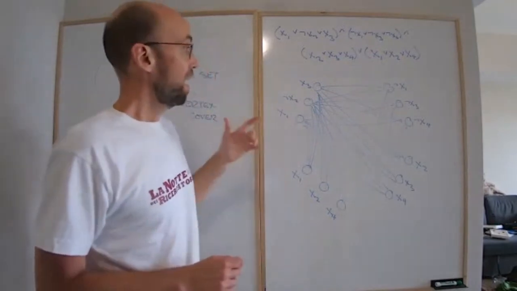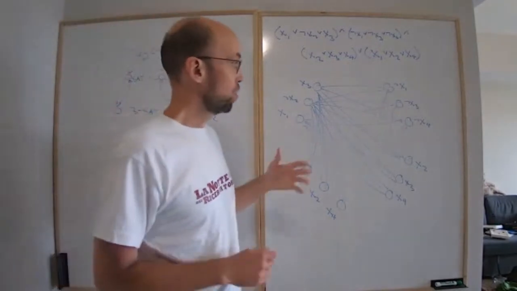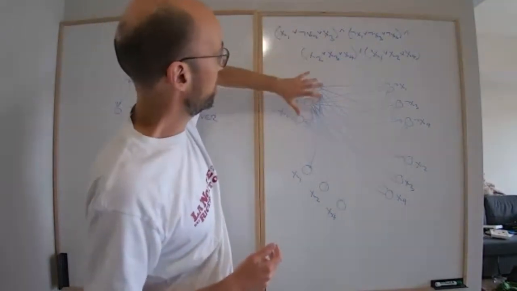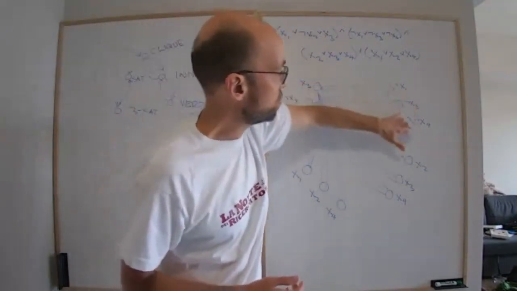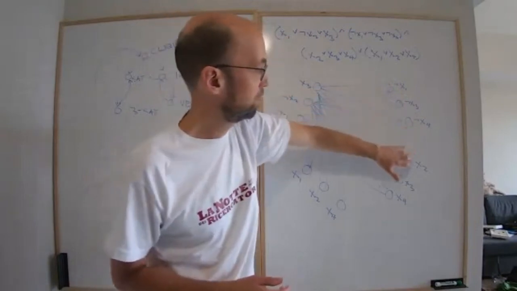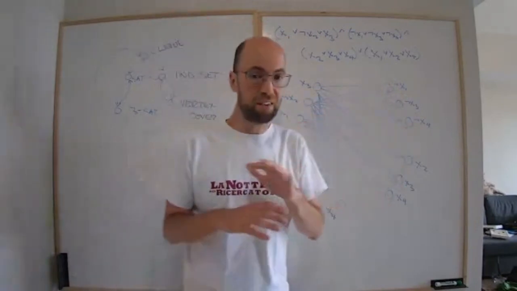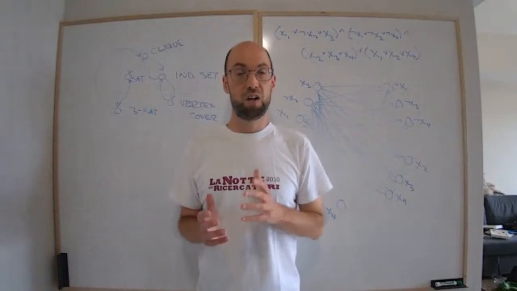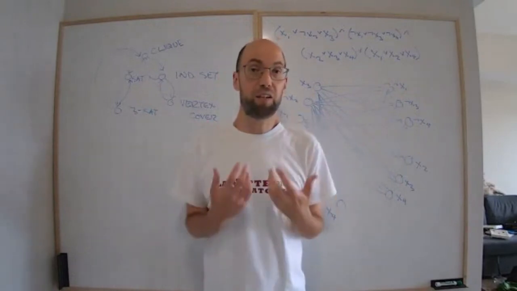Because if it has a clique whose size is the number of clauses, that means I can choose one of the literals from each clause, and they can all be true at the same time. So there is a satisfying truth assignment.